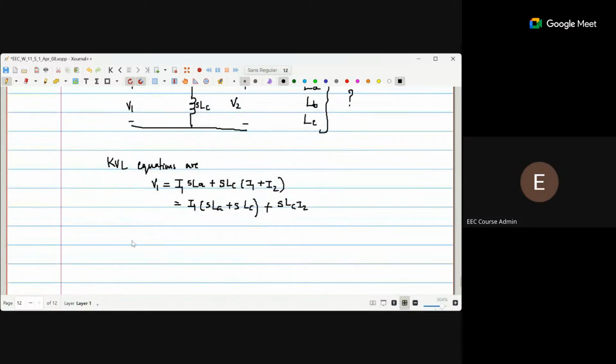Correct. Then V2 is sLB I2 plus sLC into I1 plus I2. So that will be sLB plus sLC into I2 plus sLC I1.